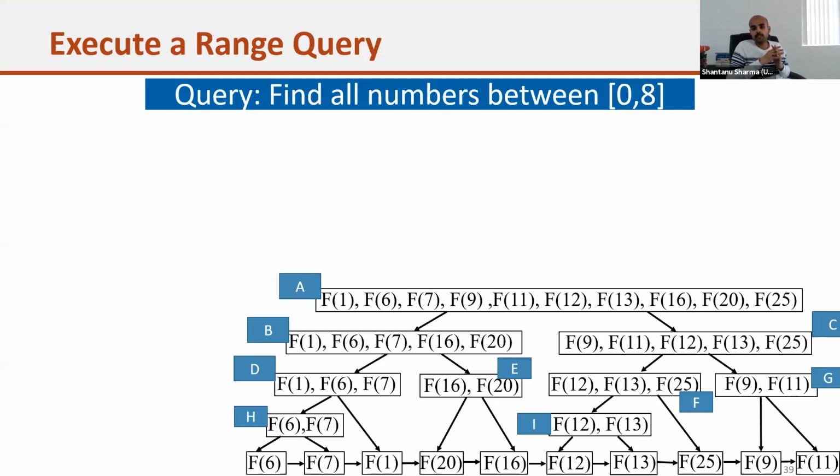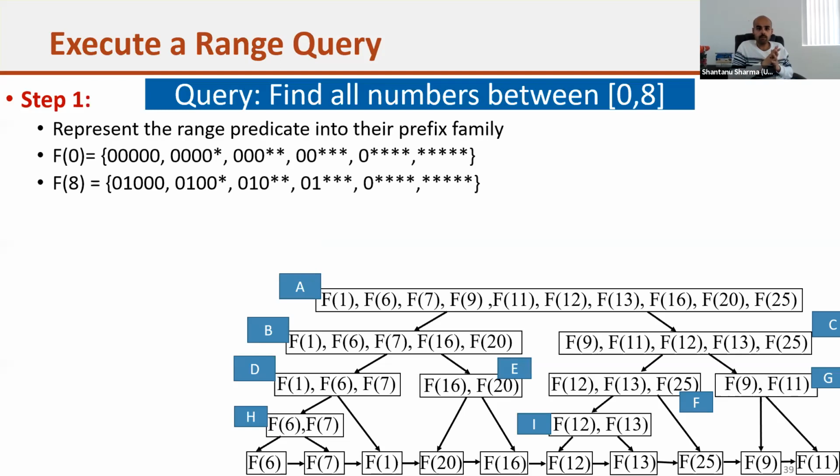Now the paper also suggests that the same technique can work for range queries. Suppose the range query is to find all the numbers between 0 and 8. What will be the steps for executing the range query? As we represent the numbers in prefix families, first I represent the prefix family of 0 and then the prefix family of 8.